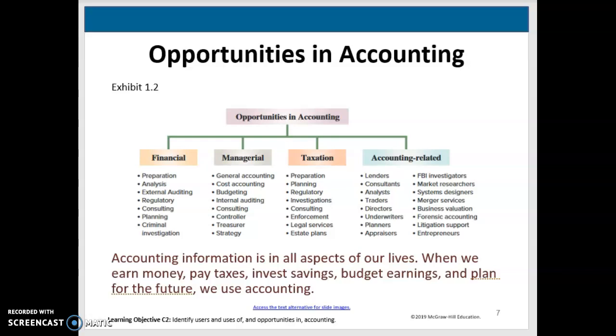You have to have finances to operate a business, so you have to have accounting transactions that are recorded and presented. So any company, no matter what it is, is going to have accounting.